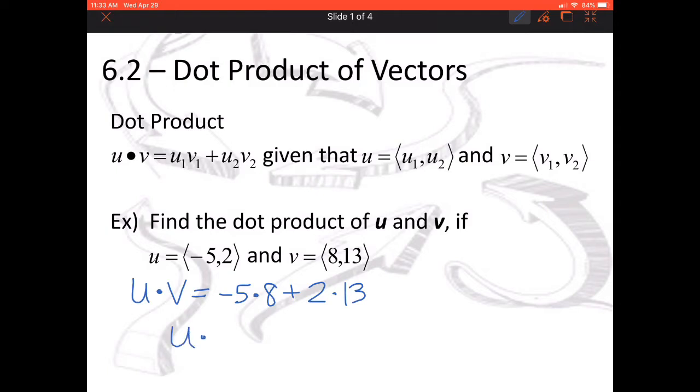So the dot product of U and V comes out to negative 40 plus 26, which is negative 14. Our result is not a vector, it is just the number negative 14.